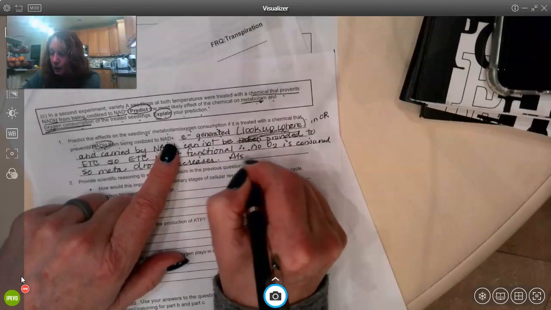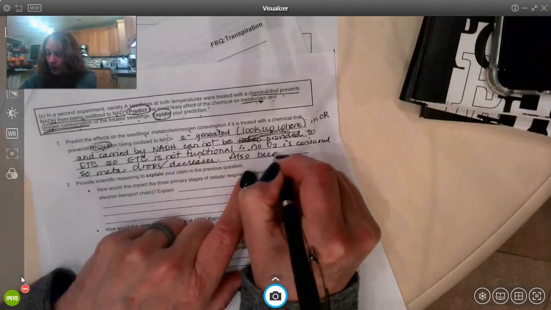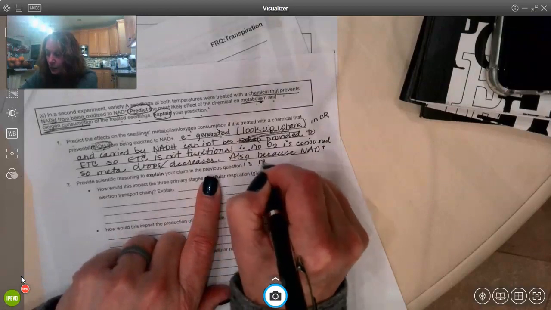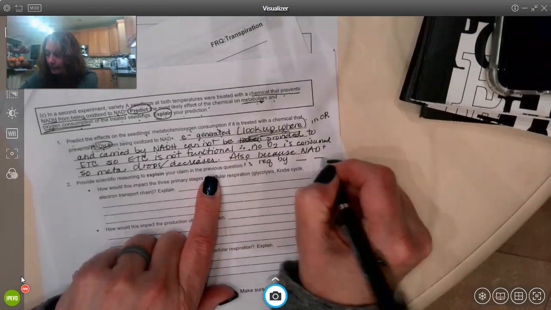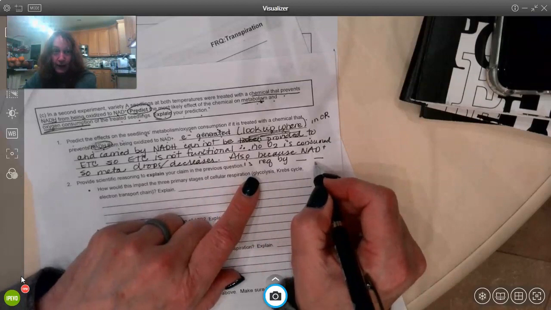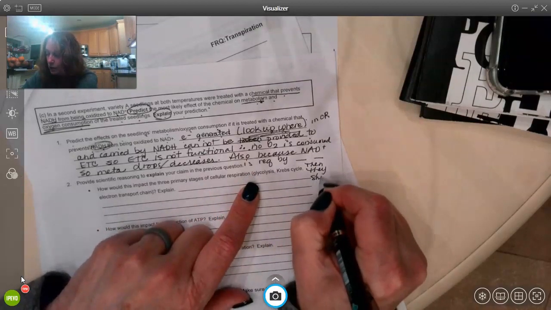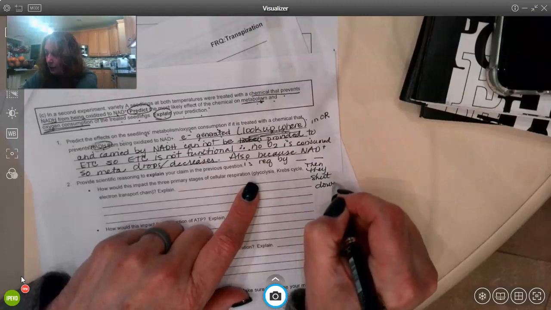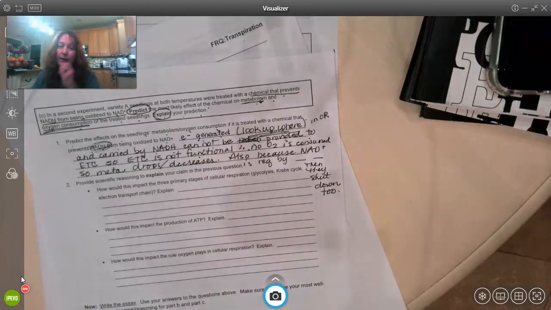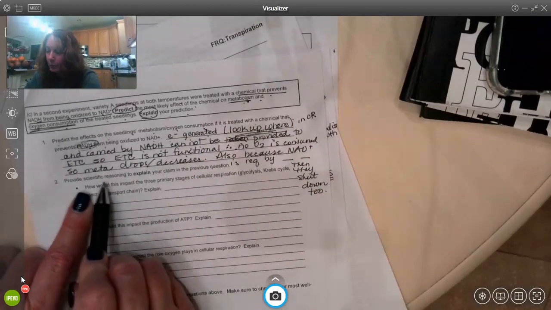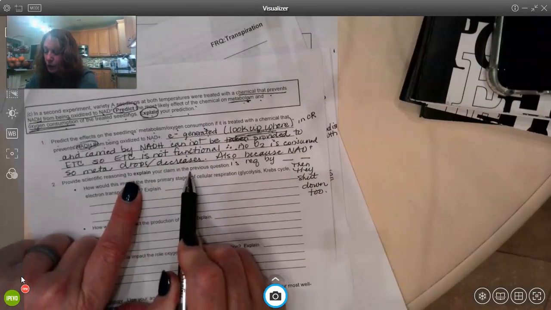So also, because NAD is required by the processes, you go find them, then they shut down too. Now that actually does not have to do with oxygen consumption, but it just says, I understand that everything shuts down. Provide scientific reasoning to explain your claim.